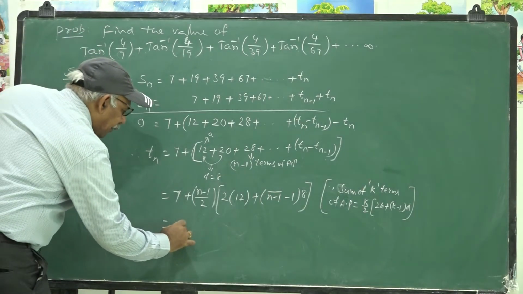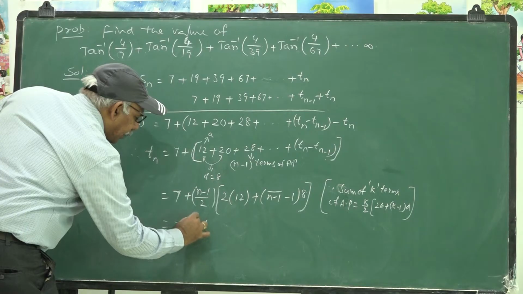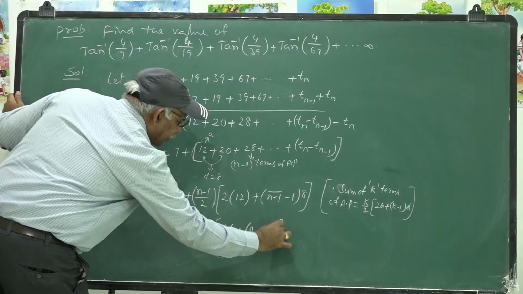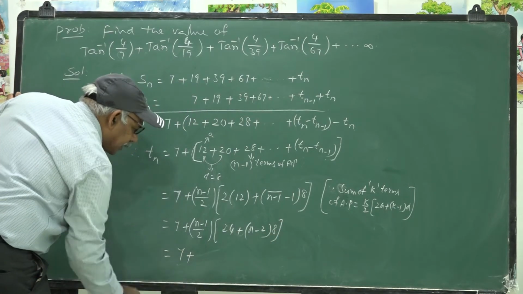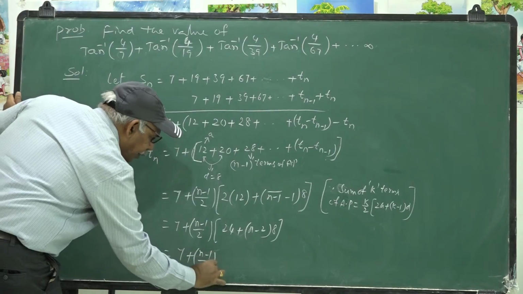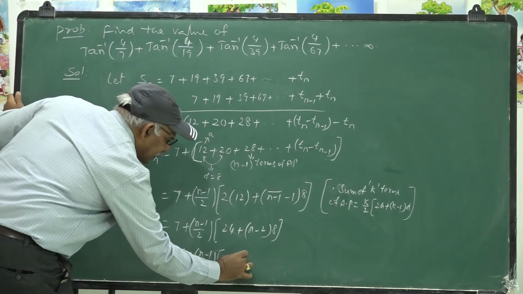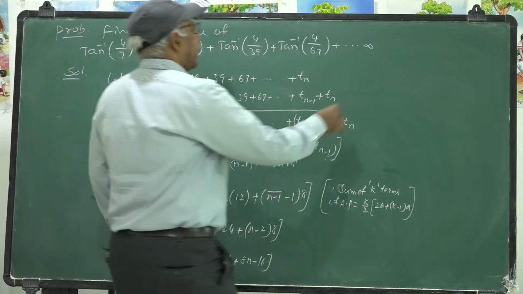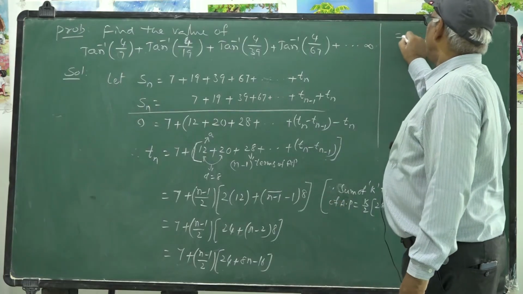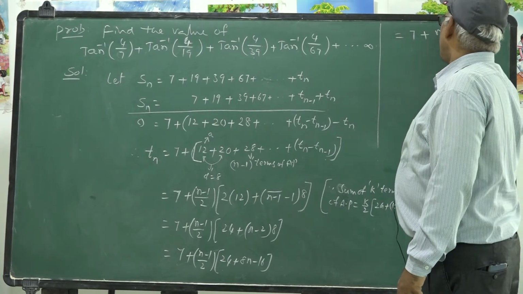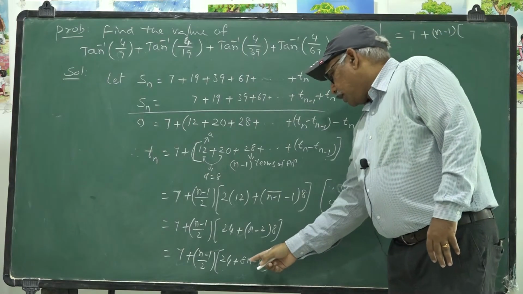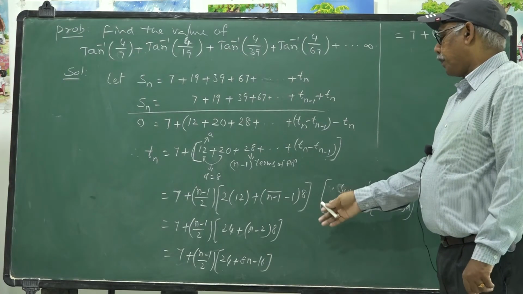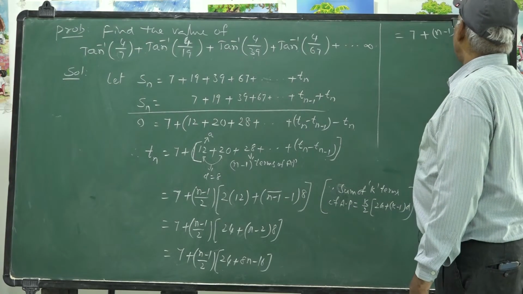So that is 7 plus n minus 1 by 2 into 24 plus n minus 2 into 8. On simplification, 7 plus n minus 1 by 2 into 24 plus 8n minus 16, which gives 7 plus n minus 1 into 8n plus 8 by 2, that is 4n plus 4.